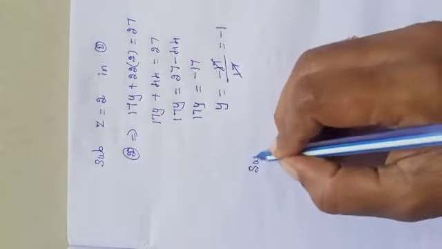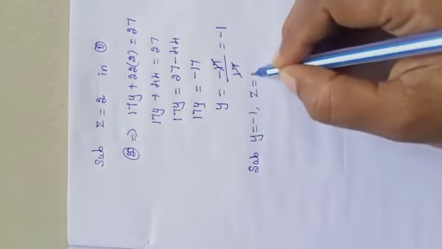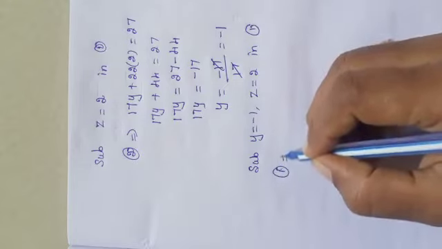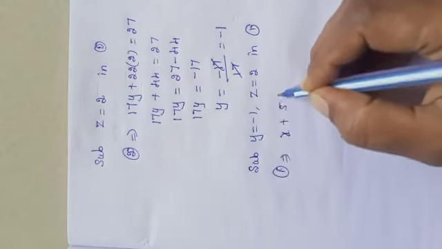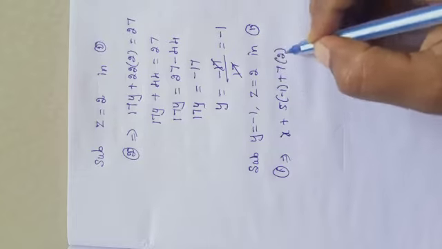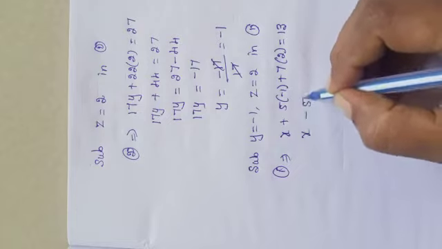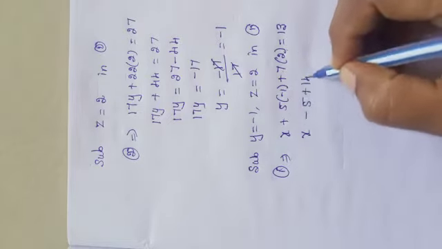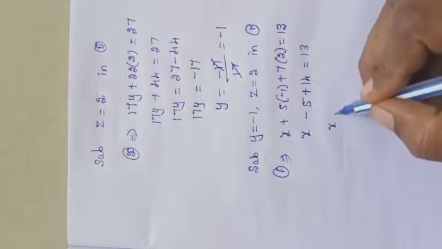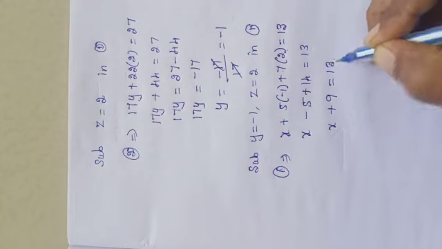Now you can write, substitute y is equal to minus 1, comma z is equal to 2 in equation number 1. So equation 1 implies x plus 5y, 5 into minus 1, plus 7z, 7 into 2 is equal to 13. So x minus 5 plus 14, that is plus 9, is equal to 13.